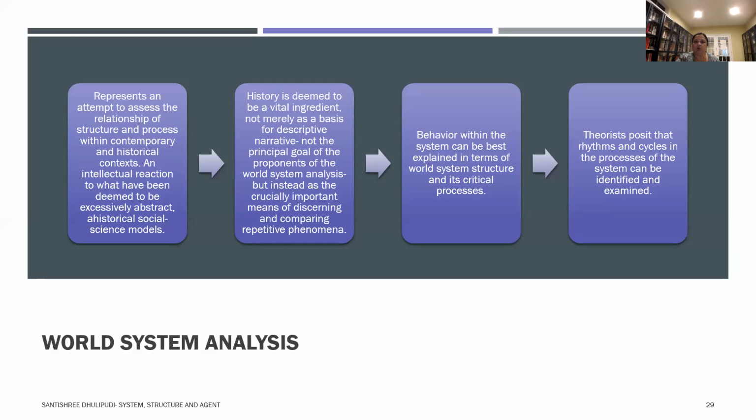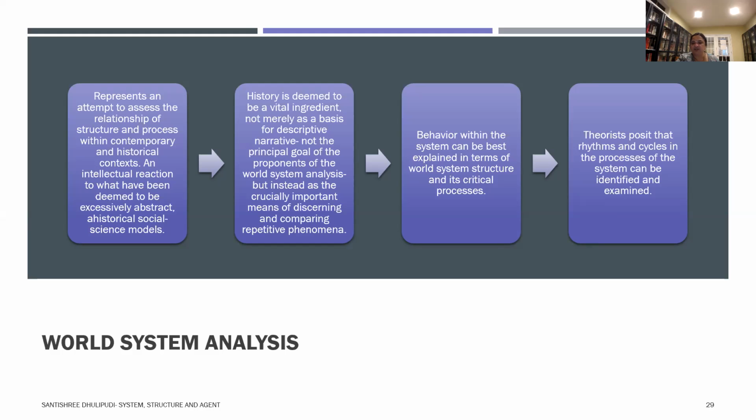History is deemed to be a vital ingredient, not merely as a basis for descriptive narrative, which is not the principal goal of the proponents of world systems theory, but as a crucially important means of discerning and comparing repetitive phenomena. Behavior within the system can best be explained in terms of world system structure and its critical processes.